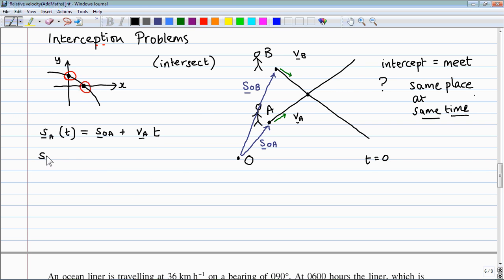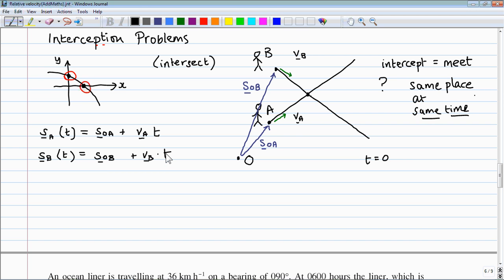And the position vector of B has exactly the same structure. As a function of time, it's a displacement vector which is changing with time, is equal to the initial displacement vector plus the velocity of B multiplied by time.